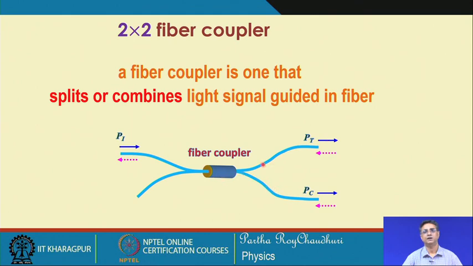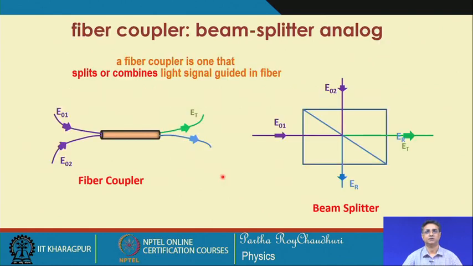These green lines represent two fibers which are in intimate contact at this region, and this device is called the fiber coupler, and we will learn how it works.